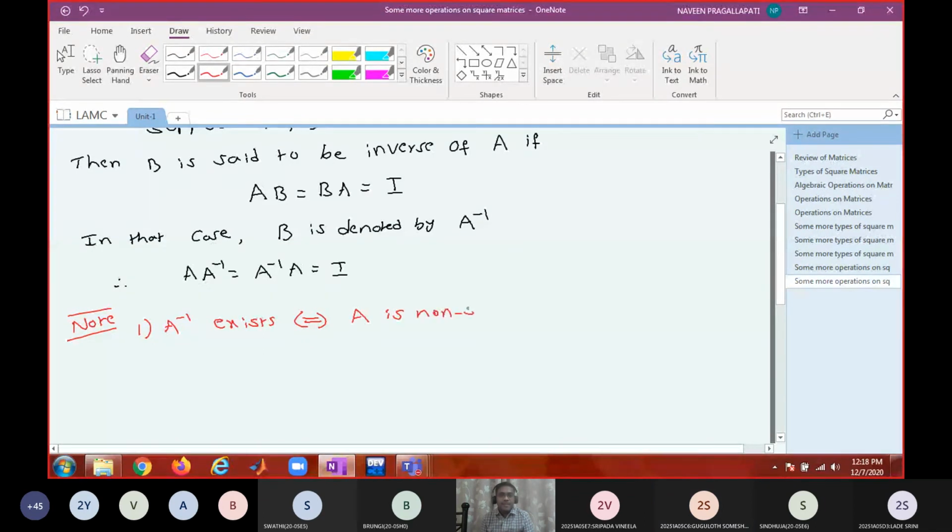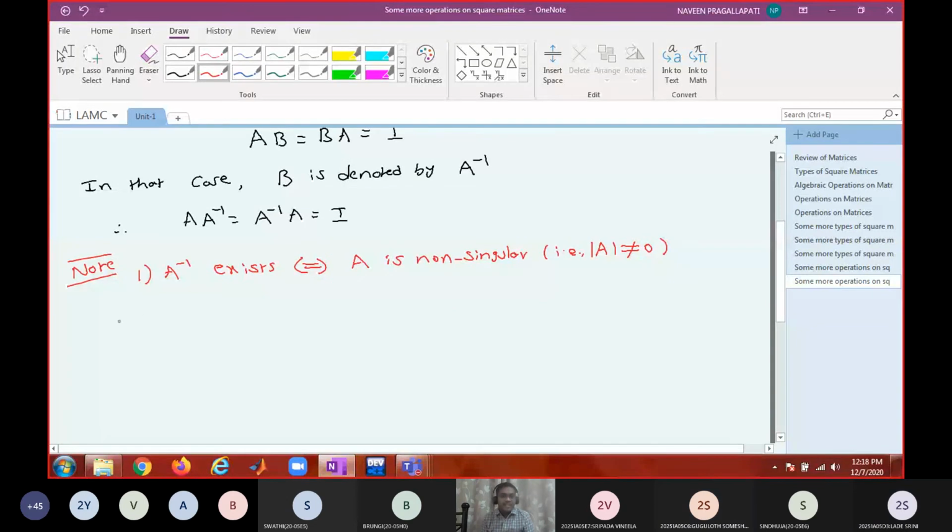What do you mean by non-singular? Det A not equal to 0. Now if A inverse exists, then what is the formula for A inverse? Adjoint A by det A.